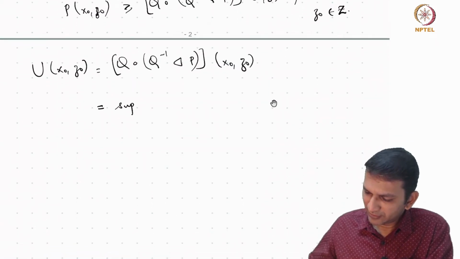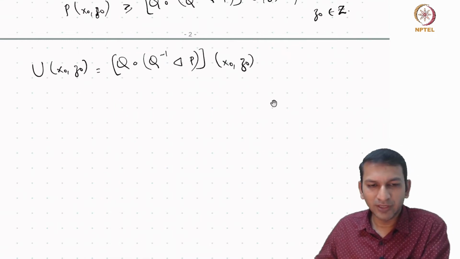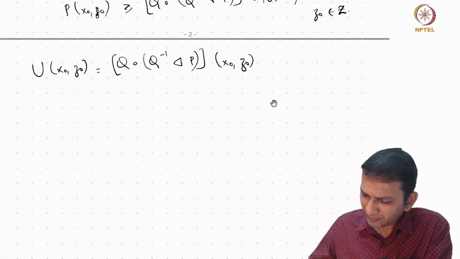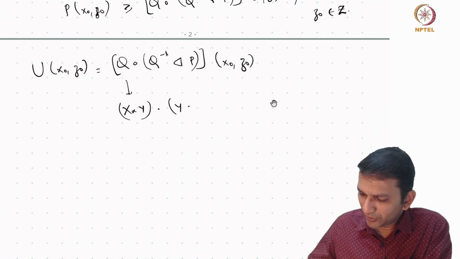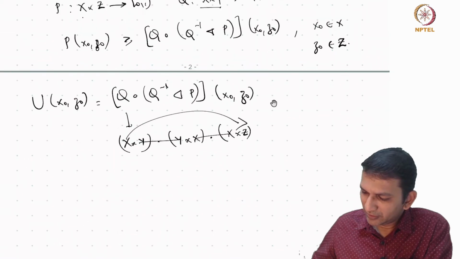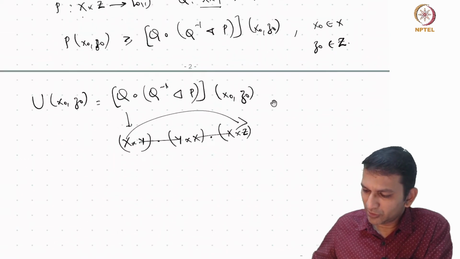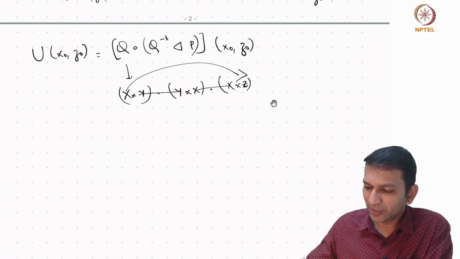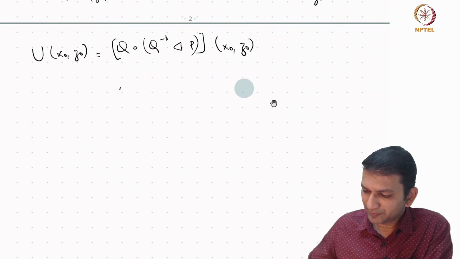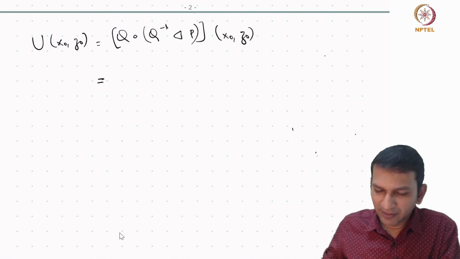Before that, one thing we should ensure: Q is from X cross Y, Q inverse is the transpose, so it is from Y cross X, and P is from X cross Z. So this entire U is from X cross Z to [0, 1], and P is from X cross Z to [0, 1]. So dimensionality wise, we are very much in the clear.